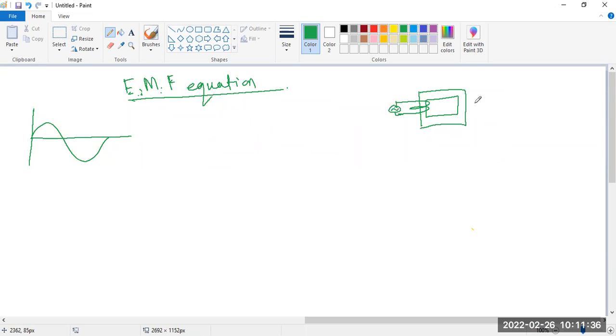This is AC and this is also AC. So this is input, this is output, this is a load. Load means it may be a bulb, anything. Okay, so this is called primary. This is called secondary.